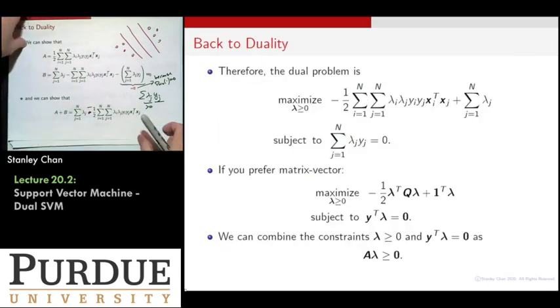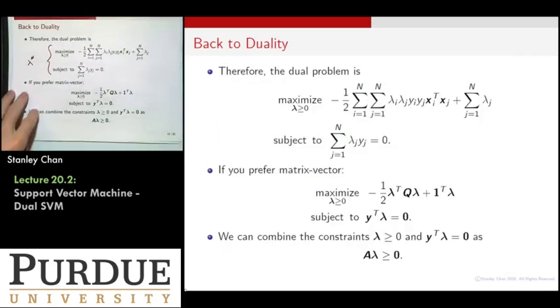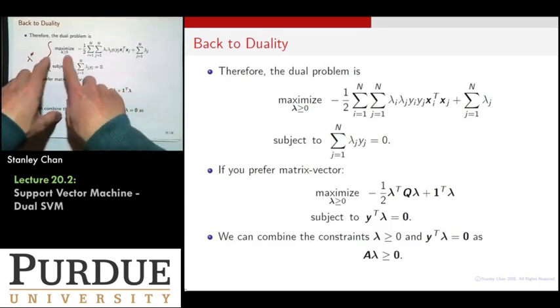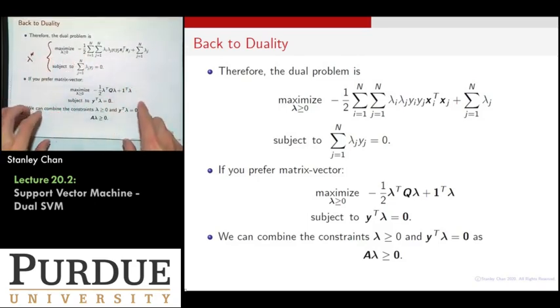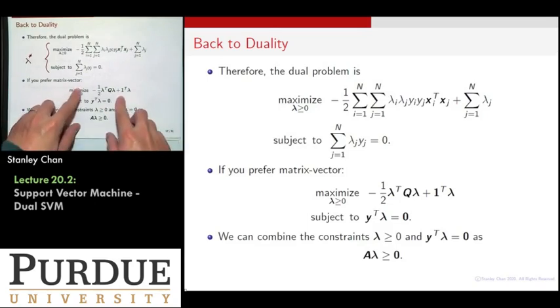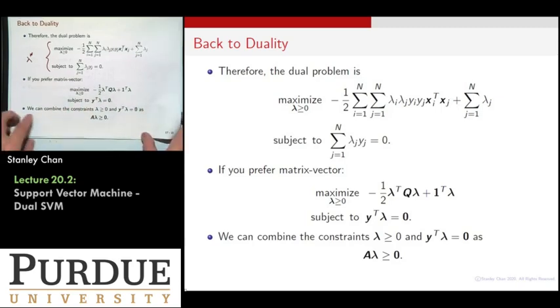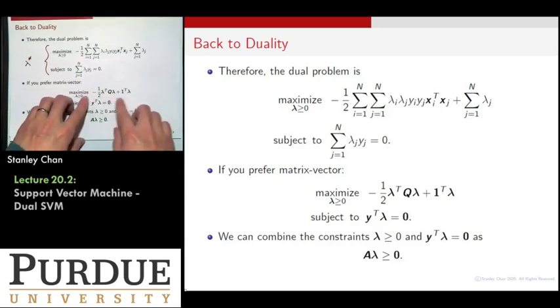So let's go to the slide. We have this dual optimization problem, and this is the matrix vector form, and you want to solve this maximization problem. I don't like this form. This is not very standard.